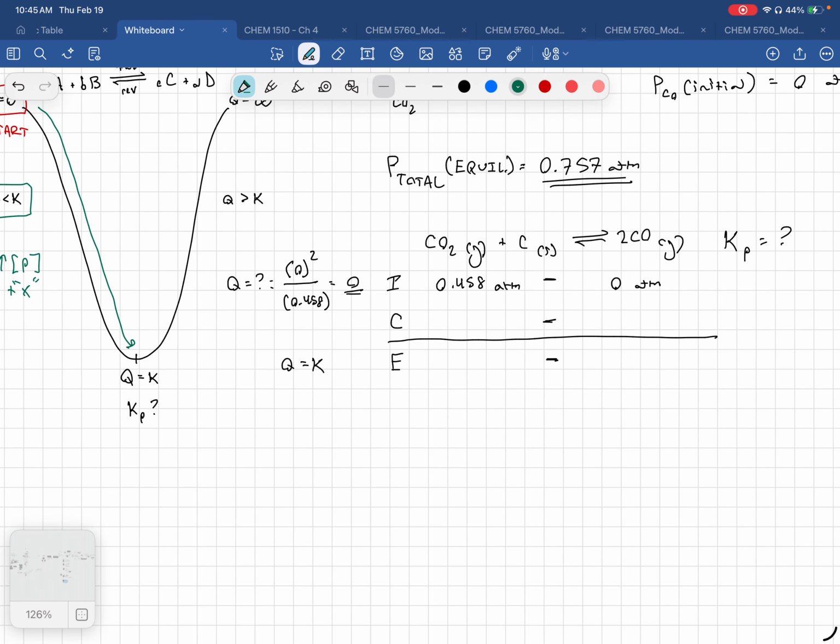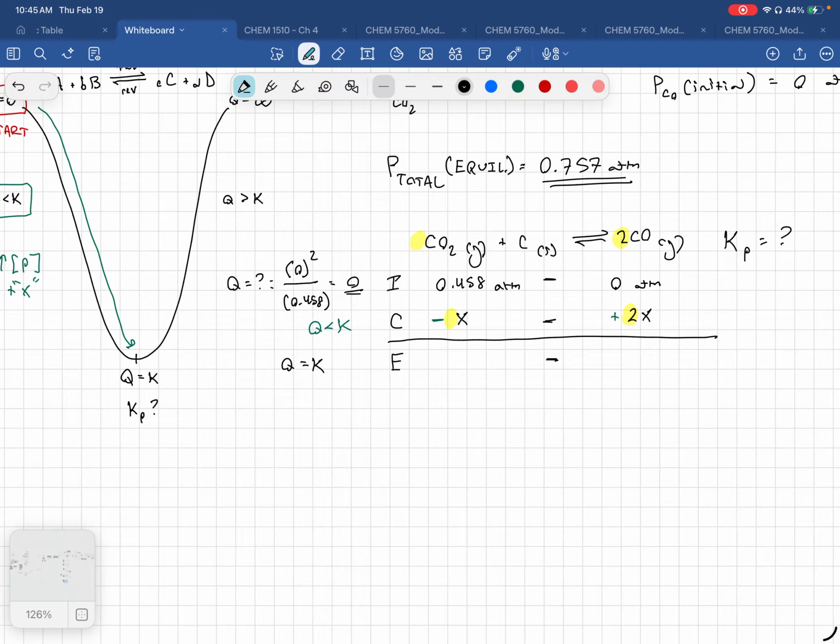Now, since we now know that Q is less than K, that means we have a minus sign here and a plus sign here. We already know that this is going to be X here and 2X here, because remember, our coefficients determine the coefficient of our change X, and Q determines the sign of our change, plus or minus.